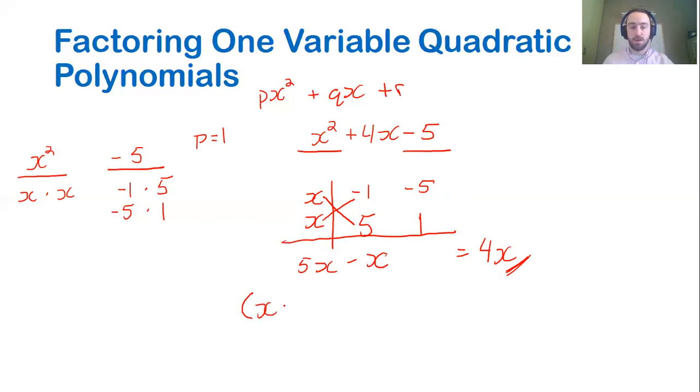So x minus 1 and x plus 5. If you FOIL this out, you'll get back your original question of x squared plus 4x minus 5. This is nothing new, just the cross method is something new.